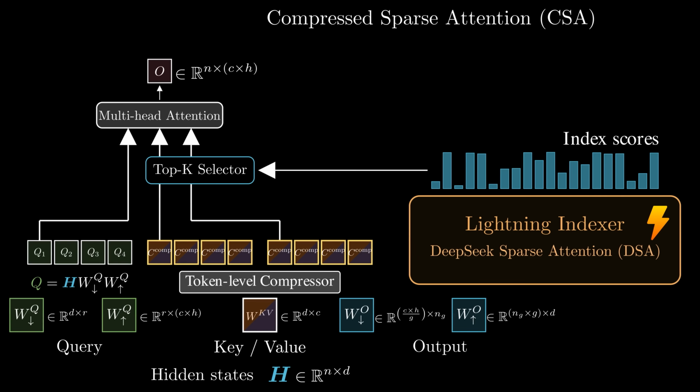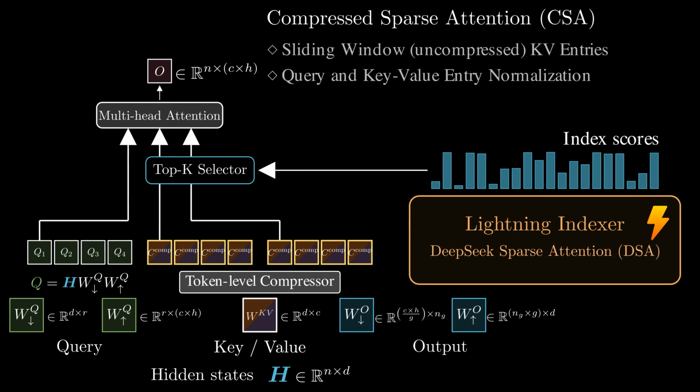We've skipped a few implementation details here. Let me briefly walk through them. When generating tokens autoregressively, in addition to attending to past compressed KV entries, we must also attend to tokens within a local window that have not yet been compressed. To prevent exploding attention logits and enhance the training stability, we apply normalization to each query head and to the compressed key-value entries.